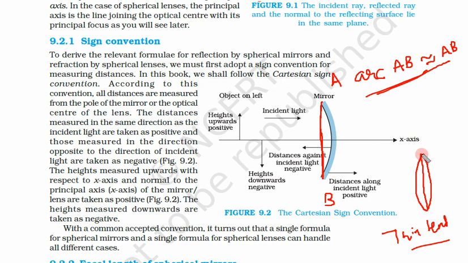If the lens is thin, the curved length of this arc AB, from this side or this side, must be equal to this length AB. So the arc AB for a thin lens is also nearly equal to AB. So this is the approximation we are going to use.